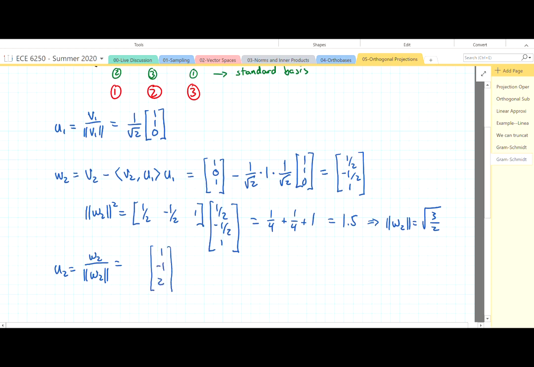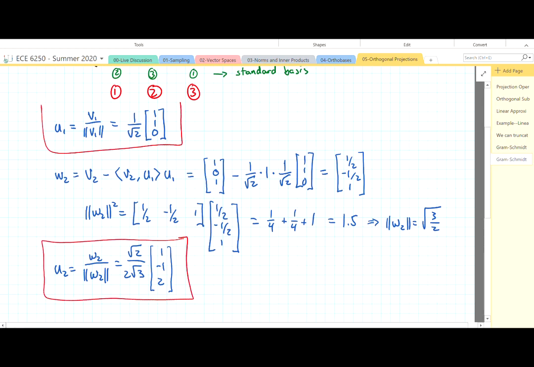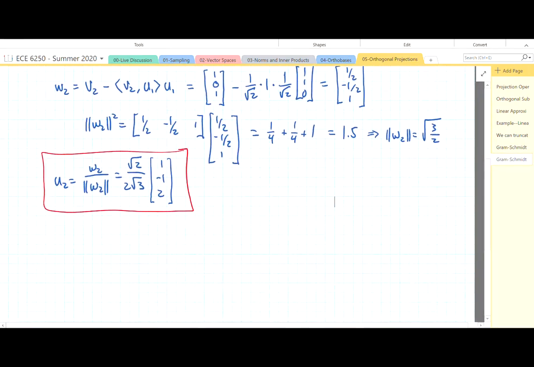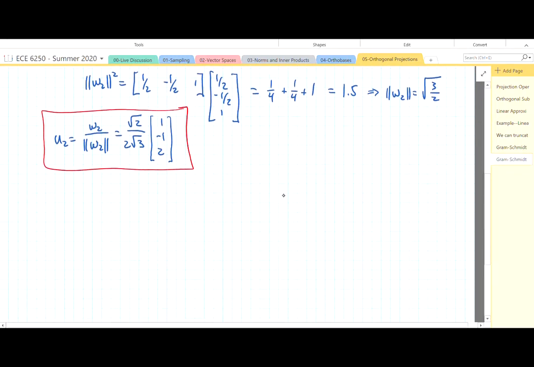So we multiply that by square root of 2 over 2 square roots of 3. Okay, we're getting there. There's U1, U2. Now you can see that this is going to start getting really ugly. This is why we typically do this by computer.